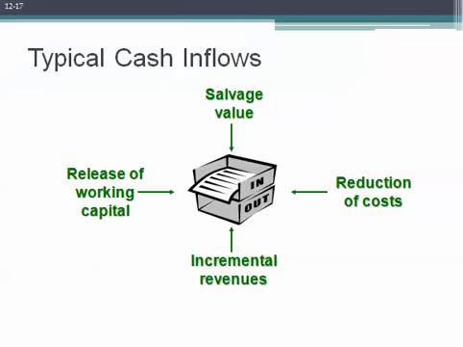Examples of typical cash inflows include, again, the release of working capital that we just discussed. We might have a salvage value for the selling of our equipment at the end of the project when we no longer need it. The equipment might generate additional incremental revenues, or cash inflows, on an annual basis, or it might reduce our costs.